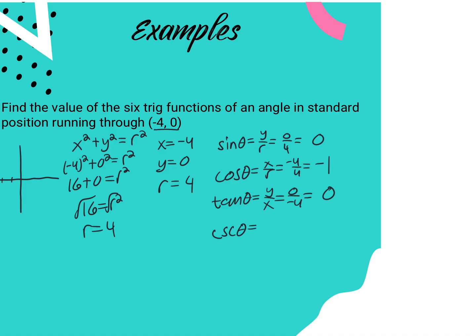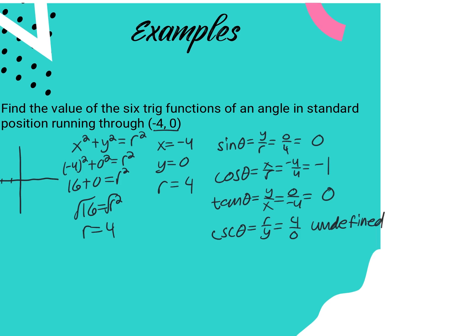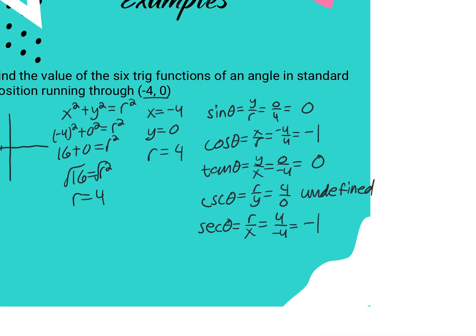Cosecant is going to be r over y, which is 4 over 0, and anything over 0 is undefined. So you don't want to mistakenly put 0 for that one. You want to make sure that you say undefined. Secant of theta would be r over x, so 4 over -4, which is -1.